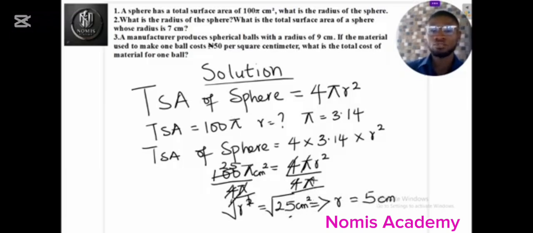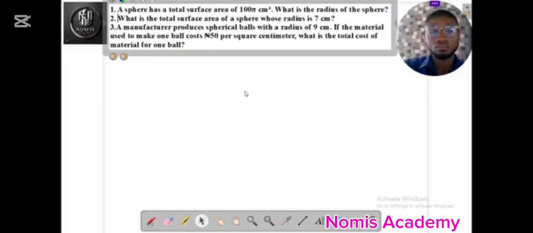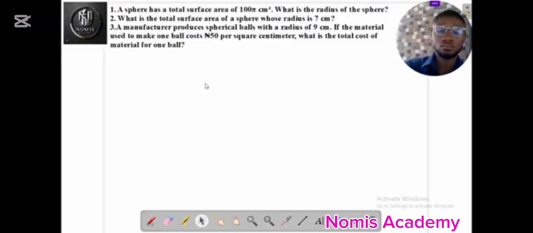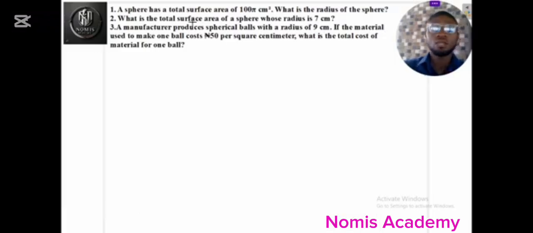So let's take example 2. Example 2 says, what is the total surface area of a sphere whose radius is 7 centimeters? Let's go into the solution, just by applying the formula.